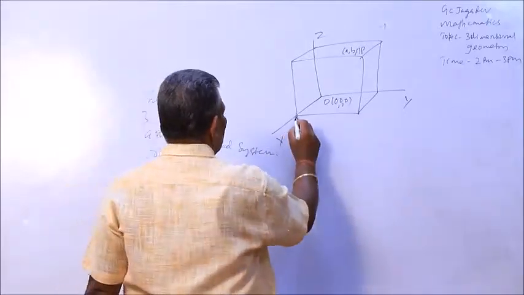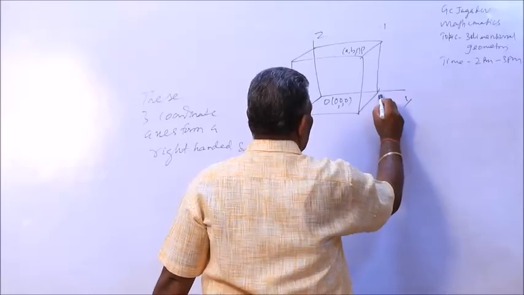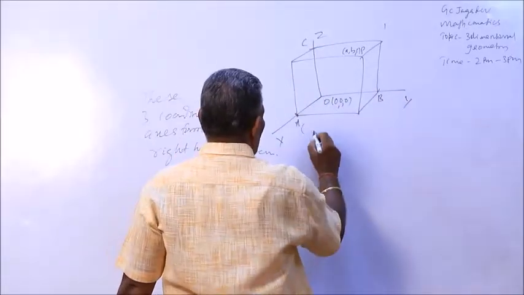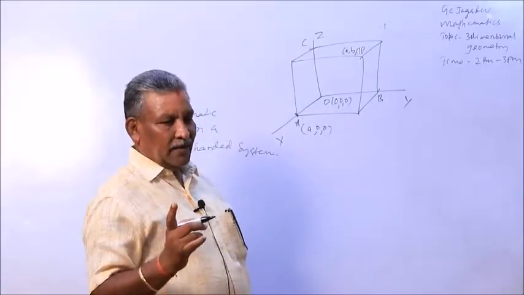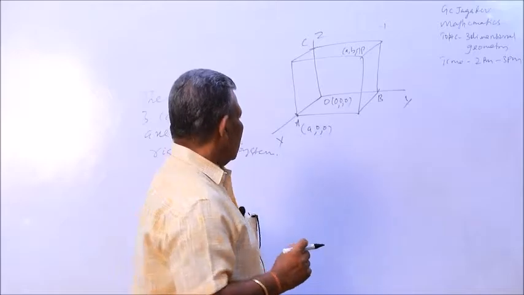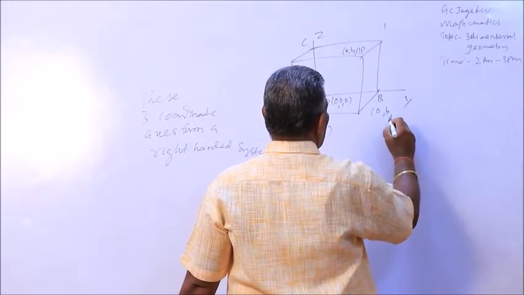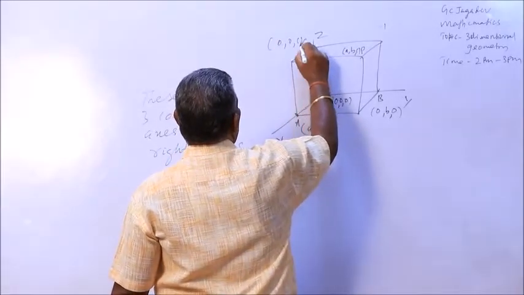Suppose this cube meets the x axis at A, the y axis at B, the z axis at C. So the coordinates of A are a, 0, 0, because on the x axis the y and z coordinates are 0. Similarly, B is a point on the y axis, so 0, b, 0. C is a point on the z axis, 0, 0, c.